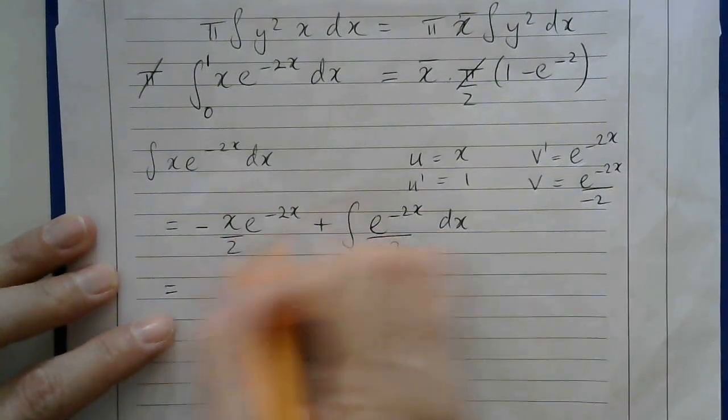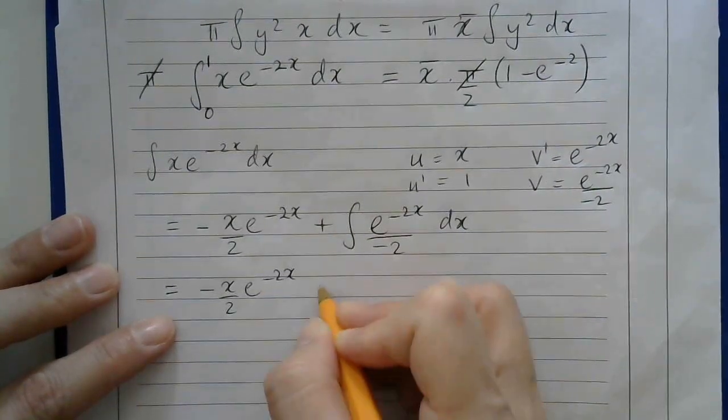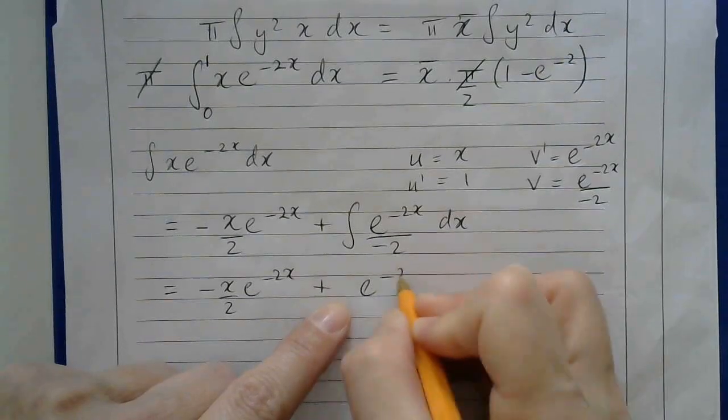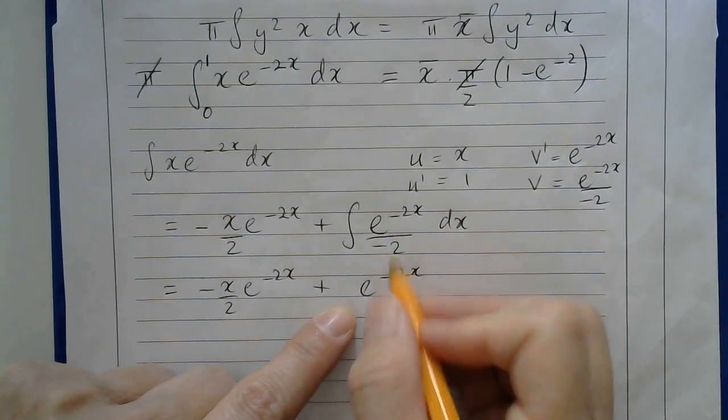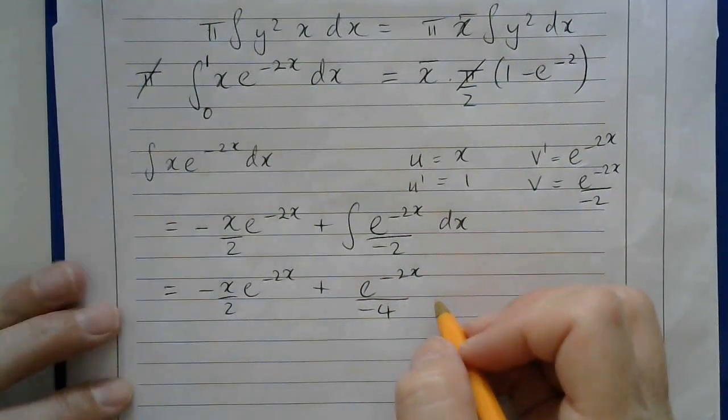And so this I'll just leave it as it is, x over 2 e to the negative 2x. And now integrating this makes e to the negative 2x, and then again I divide by negative 2, so I end up with a negative 4 on the bottom.